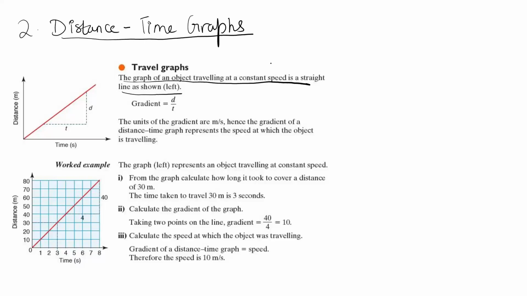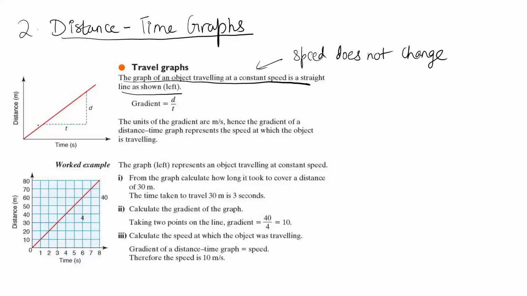Constant speed means speed does not change. You're going at the same speed throughout your journey. In that case, the distance time graph is going to be a straight line.